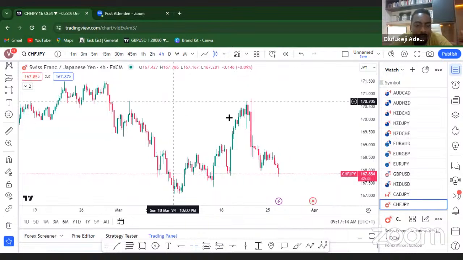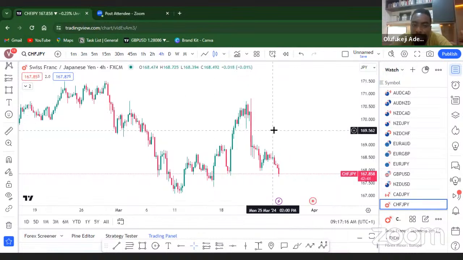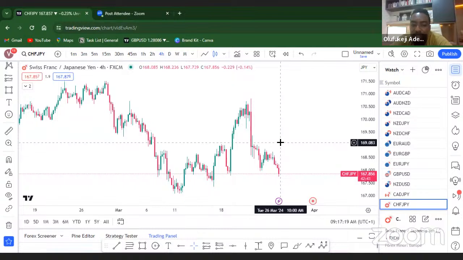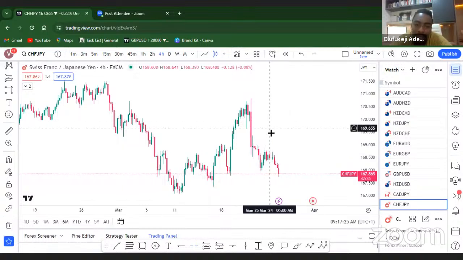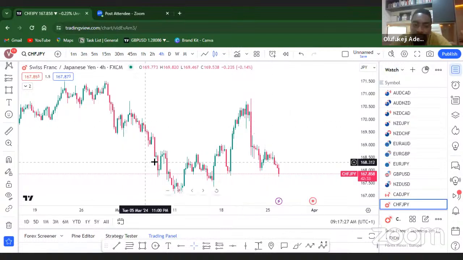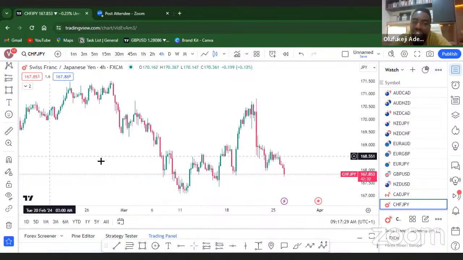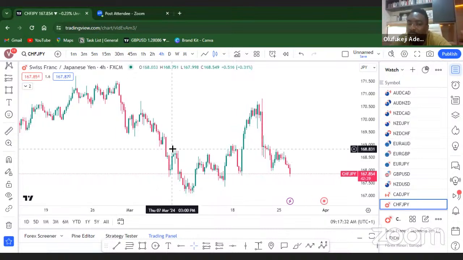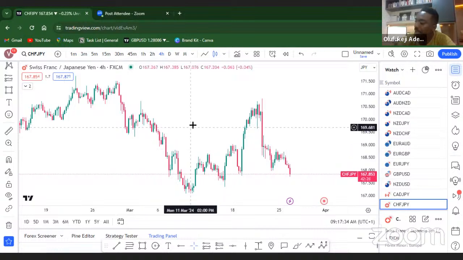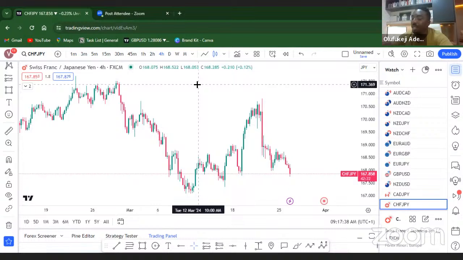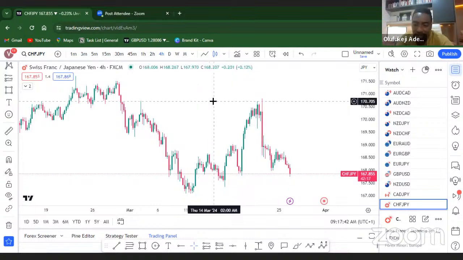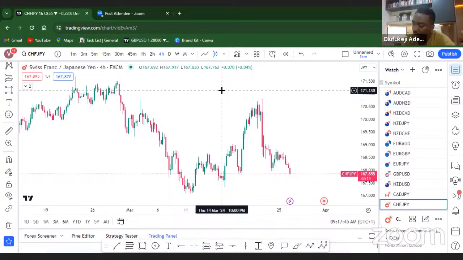We mentioned that the Swiss National Bank is cutting rates at the same time that the Bank of Japan is hiking rates. Now, there's still an interest rate differential, but that is how monetary policy divergence plays out, right? How many of you remember that conversation from yesterday?